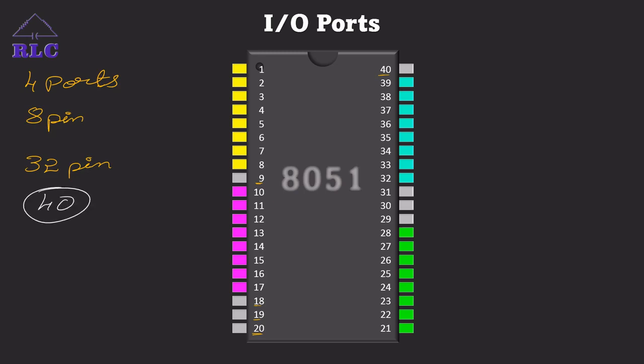32 pins are for IO ports. In that, the first port, P0, starts from pin number 39 to pin number 32. Then port 1 starts from pin number 1 to pin number 8.